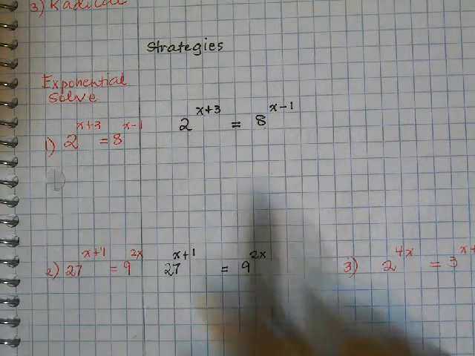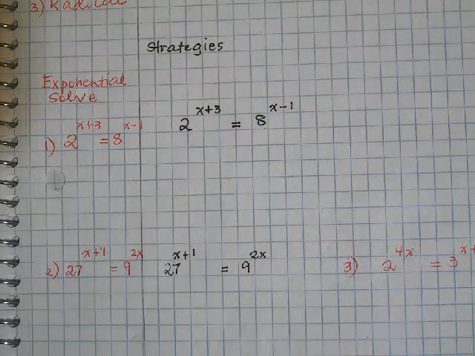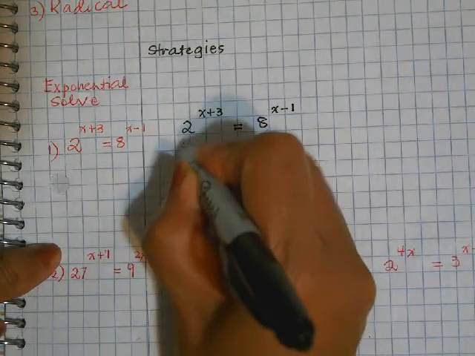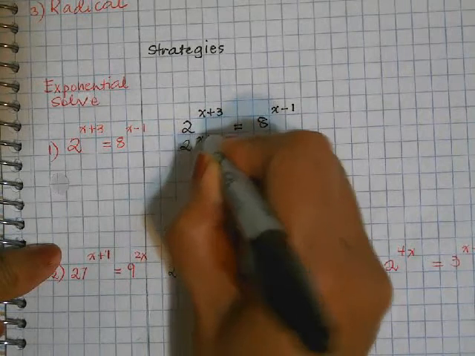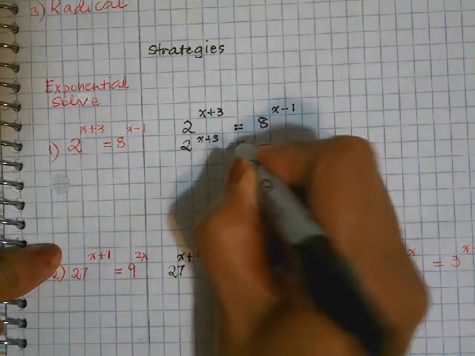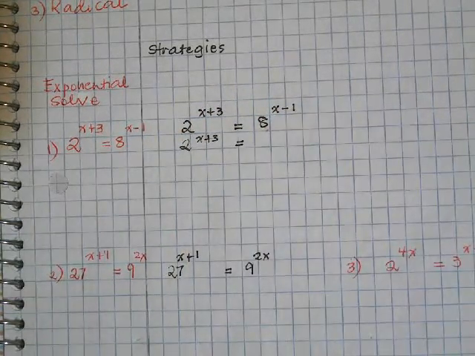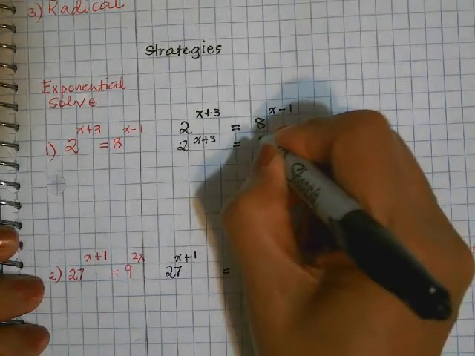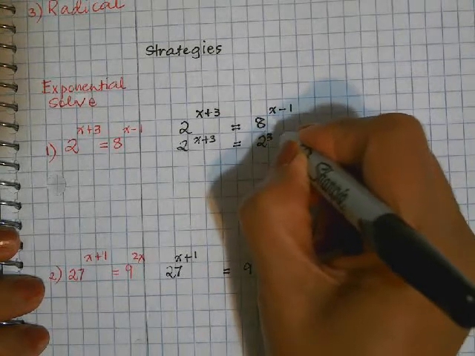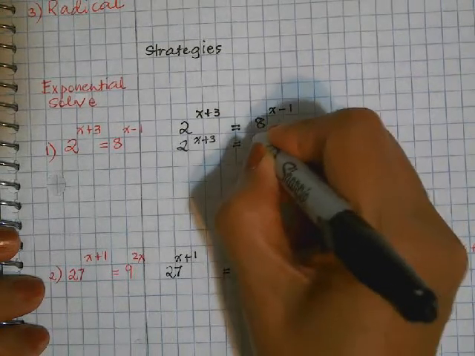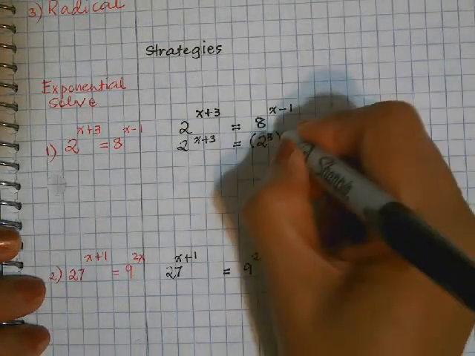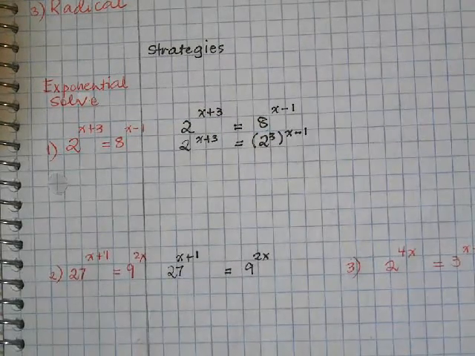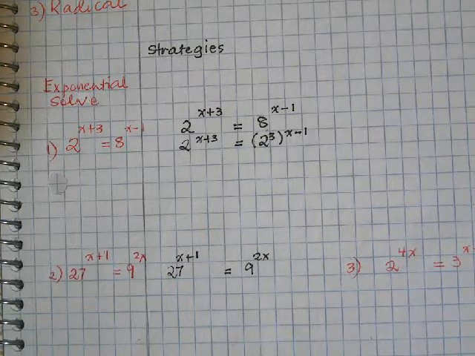So why don't we just convert 8 to base 2? Let's write this: 2 raised to the power x plus 3. And what about 8? We're going to write that as 2 to the third, so 8 is also 2 to the third. Then we raise it to x minus 1, like that. So the base is now 2.